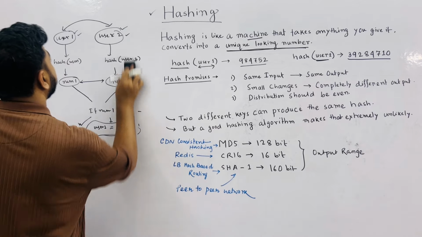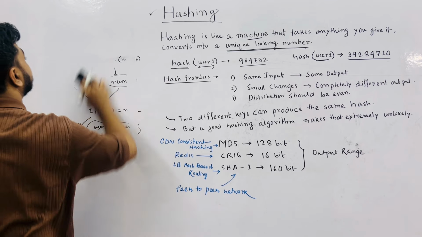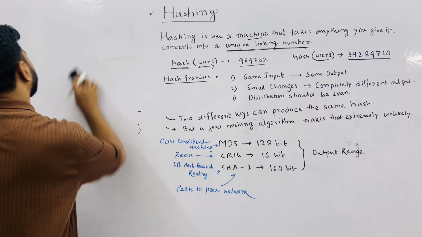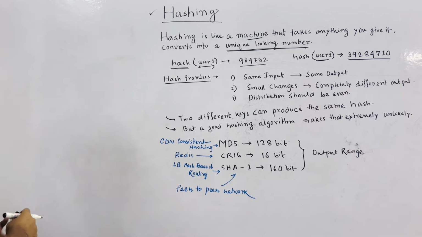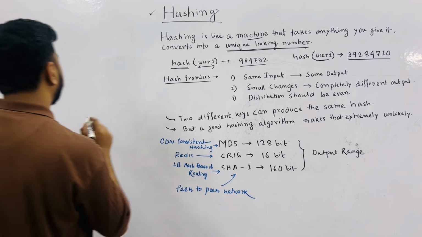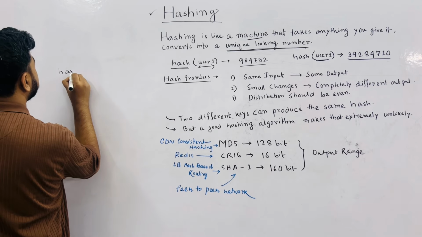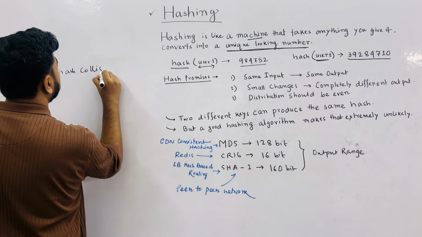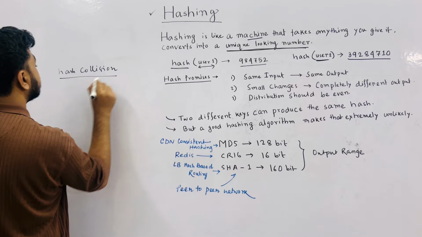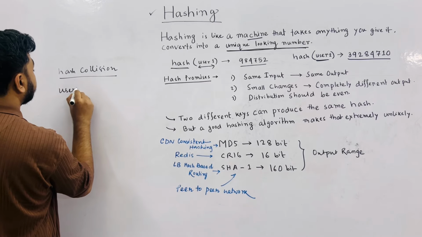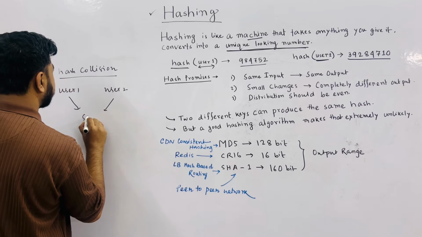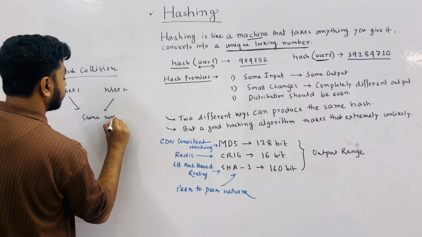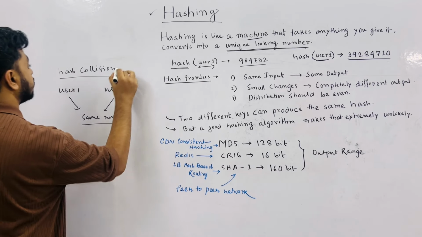Yes, 99.99% the hash will always generate a unique number for a unique object. You got my point? But hash collisions are possible. So what do hash collisions mean? It means that for different objects, the hash can also generate the same number. That is called a hash collision.